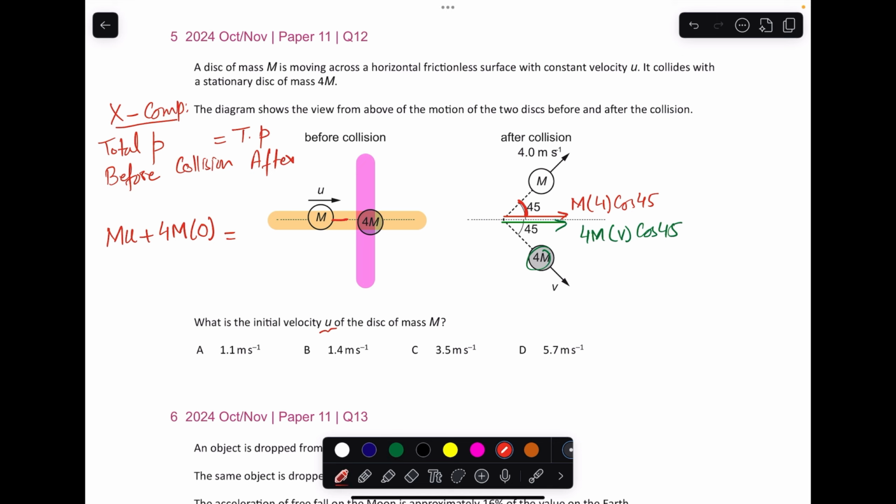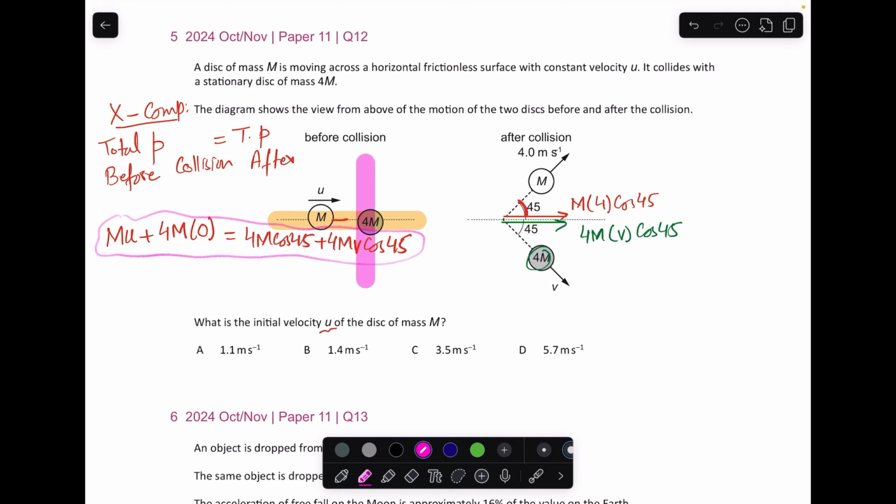So it will be 4m v cos 45 plus 4mv cos 45. So this equation you have for x. If you notice, in all of these the m is common, so it will be cancelled out. Simply, u equals 4 cos 45 plus 4v cos 45.